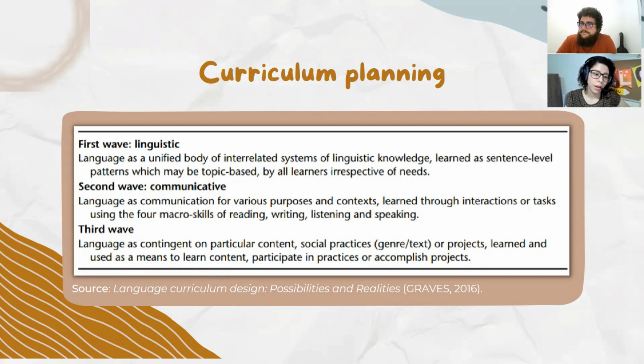This will happen in the third wave, which sees language as a resource for meaning making in a context of use. We should consider genre and text-based learning, content-based learning, project-based learning, and of course, the use of new technologies.